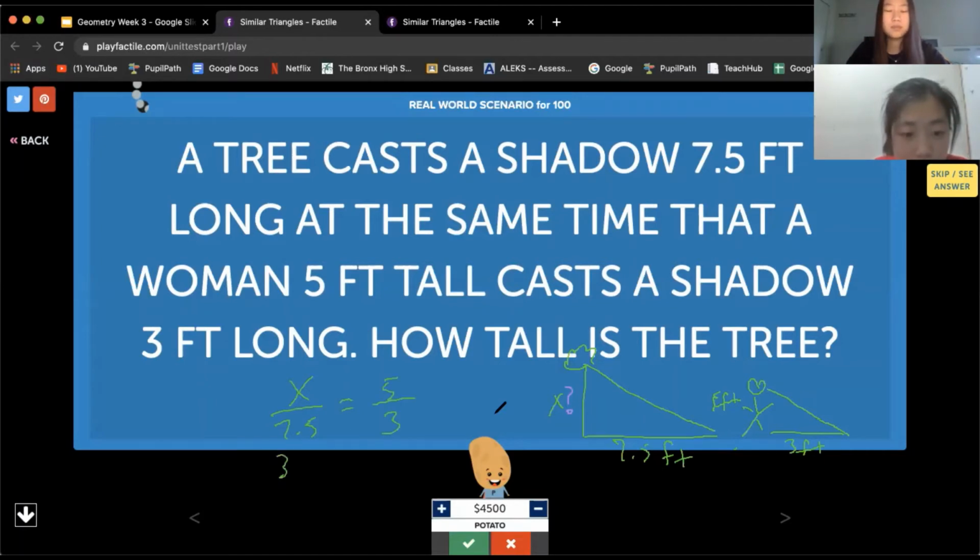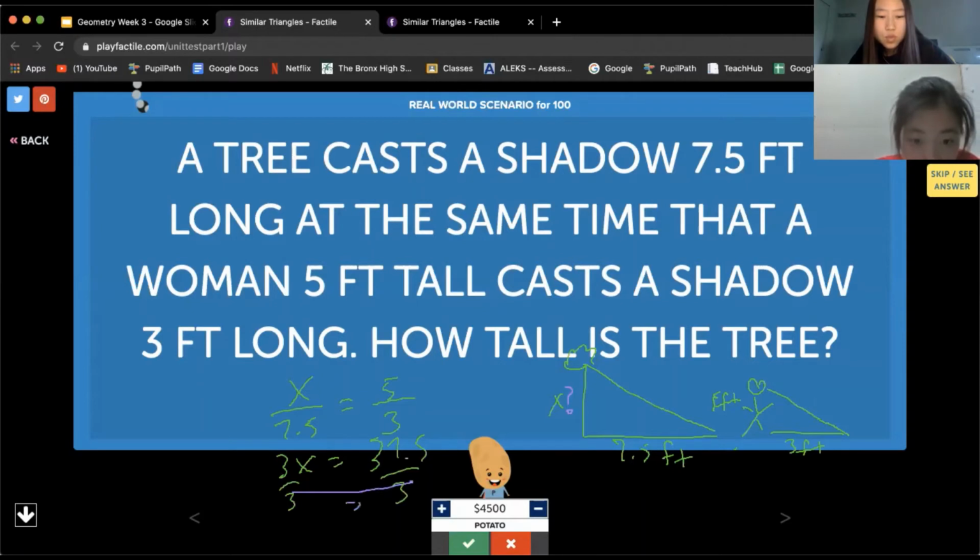It will be 3x equals 37.5, and then divided by 3 on both sides, x equals 12.5. Yep, x equals 12.5, which is the height of the tree over here.